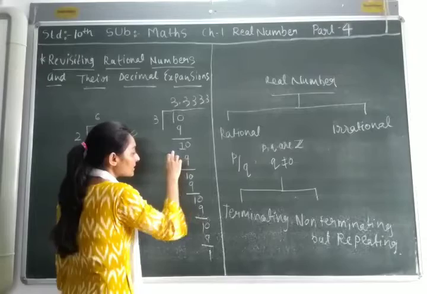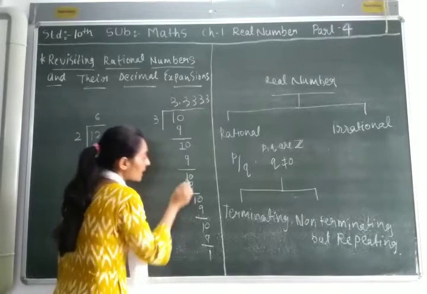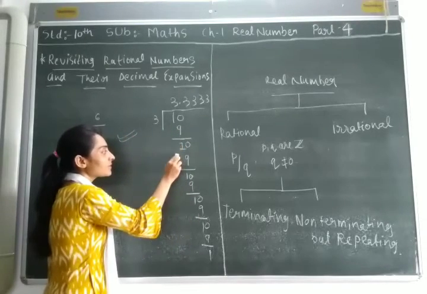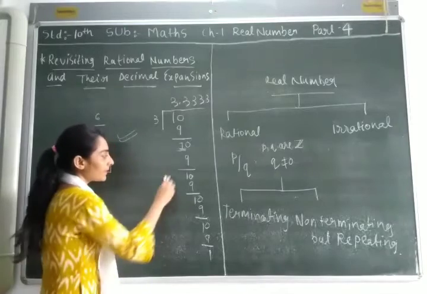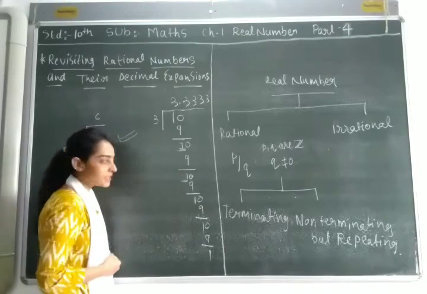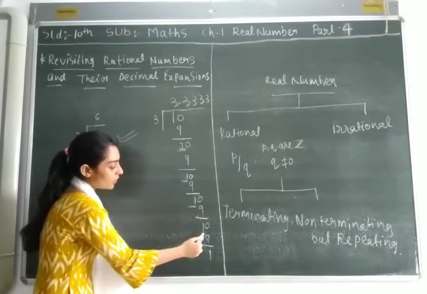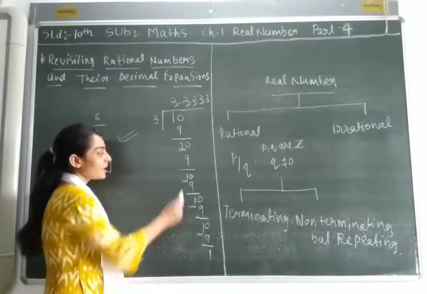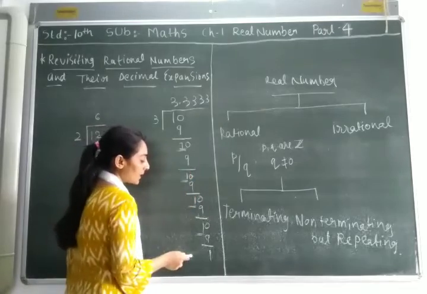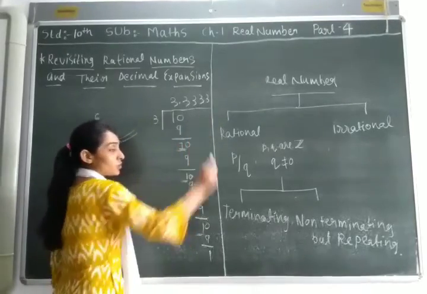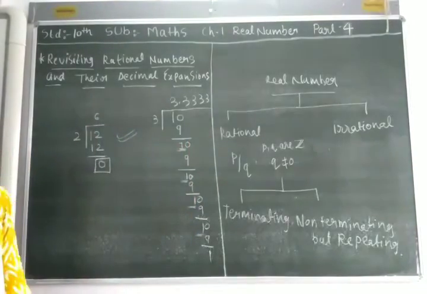If the remainder itself keeps on repeating, as you can see in the first division my 1 is repeating, in the second division my 1 is repeating, in the third division, in the fourth division 1 is repeating, then my quotient also keeps on repeating.